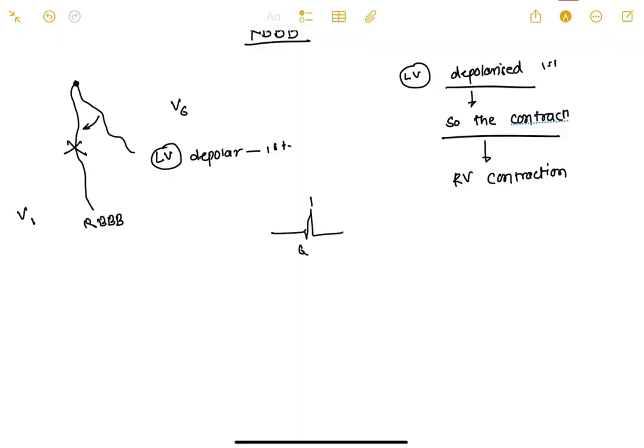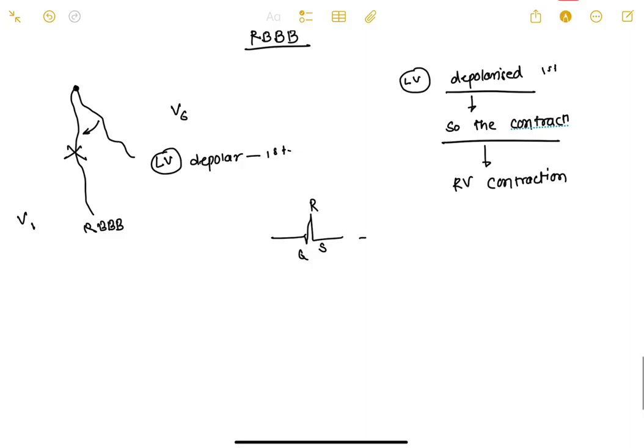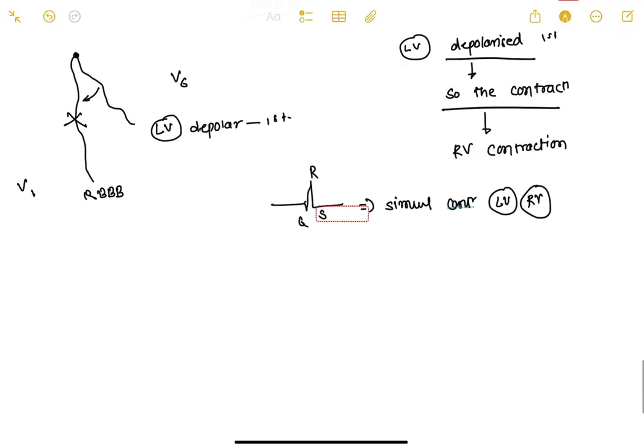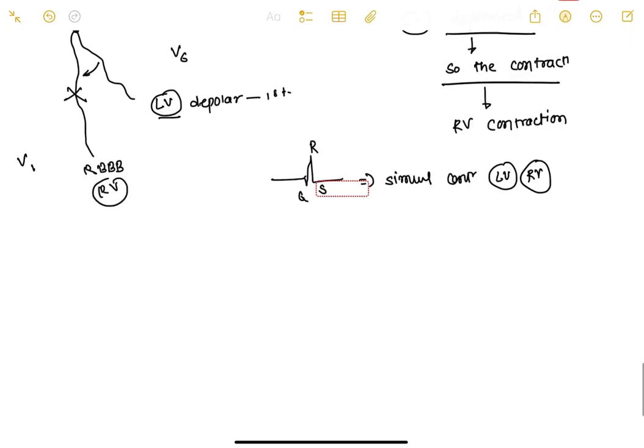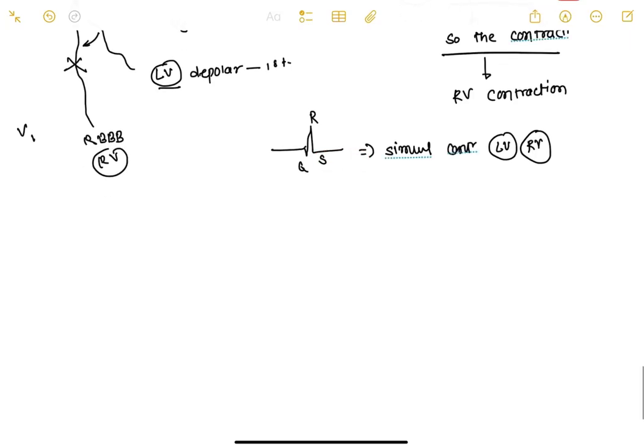This QRS complex is a simultaneous contraction of left ventricle and right ventricle. But since there is no conduction from the left bundle branch to the right bundle branch, the left ventricle contracts first and then the right ventricle. So what do we get in ECG?